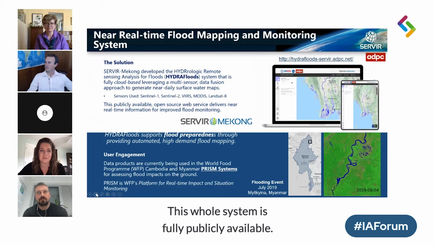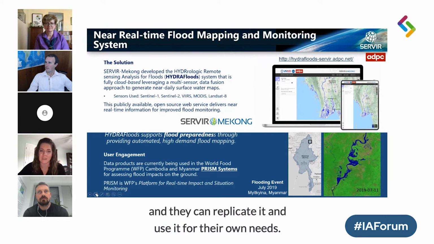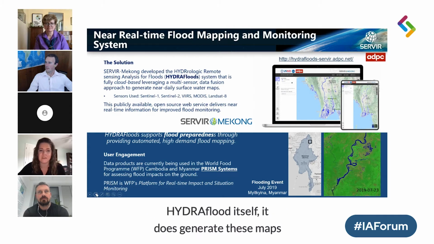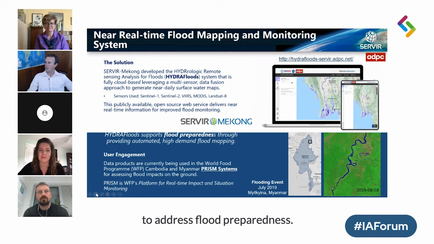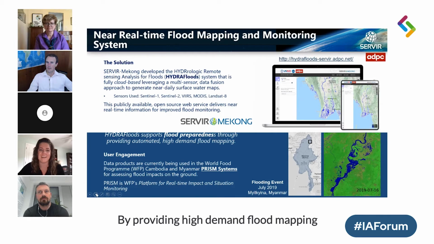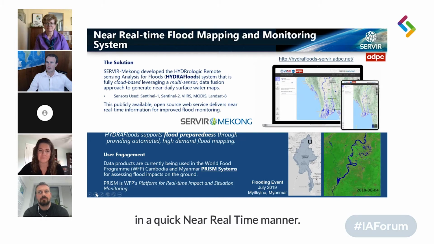This whole system is fully publicly available. It's open source so that others can take it and they can replicate it and use it for their own needs. HydroFloods itself does generate these maps, but we're generating these maps in an automated manner to address flood preparedness by providing high demand flood mapping in a quick, near real-time manner.